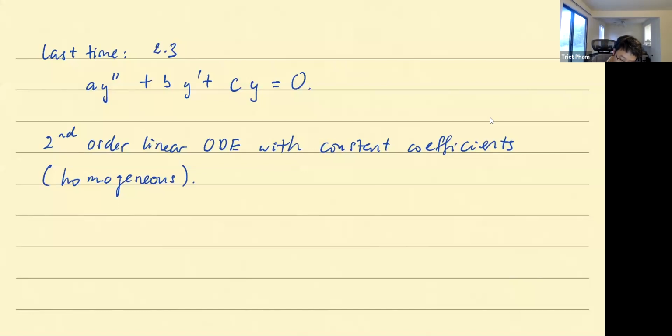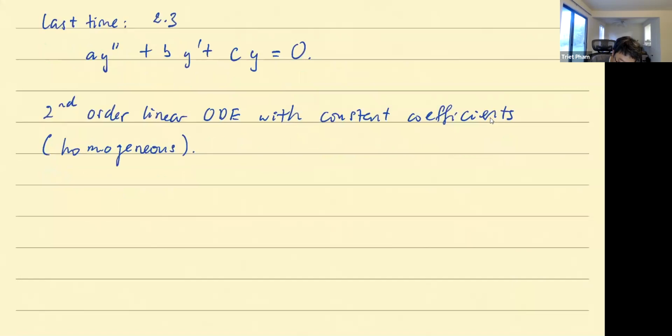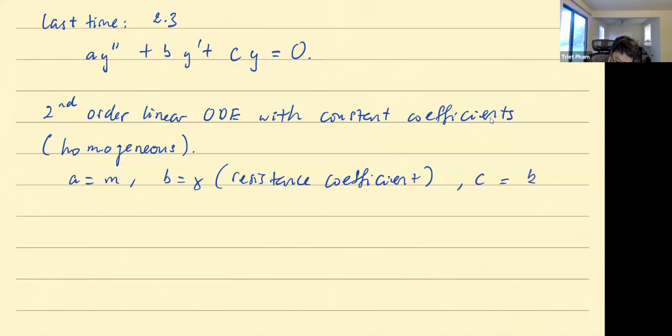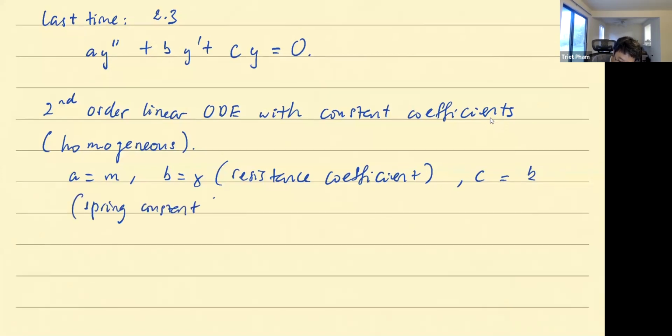The idea is that this does model a physical system, a spring mass system immersed in a viscous solution. If A is m, B is some kind of gamma, a viscous resistance coefficient, and C is k, the spring constant, then that models a spring mass system.